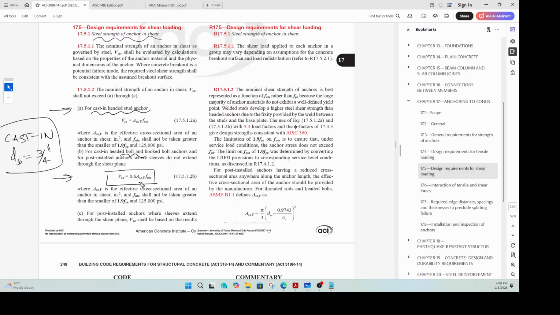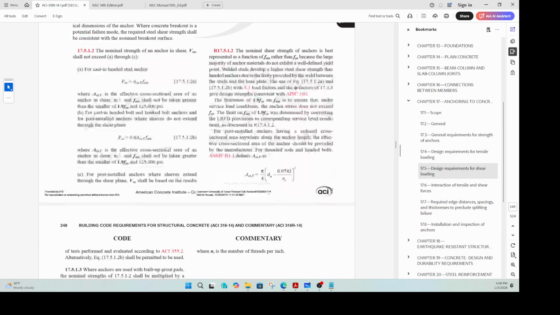Vsa is 0.6 times Ase,V times futa. Ase means steel effective, and V signifies shear, so we're talking about the area of that particular thing in shear, and futa is your ultimate strength. That should be less than 125,000 psi.